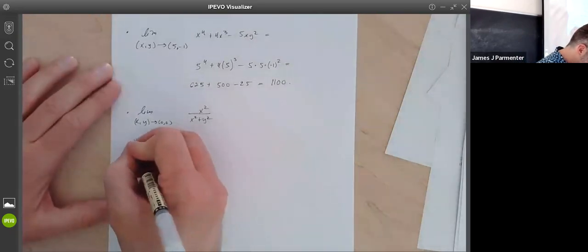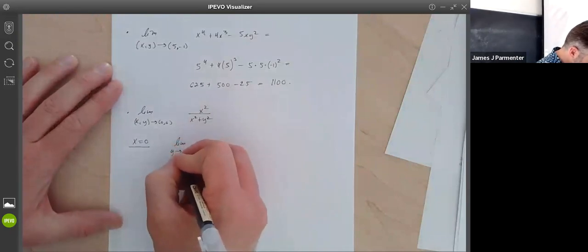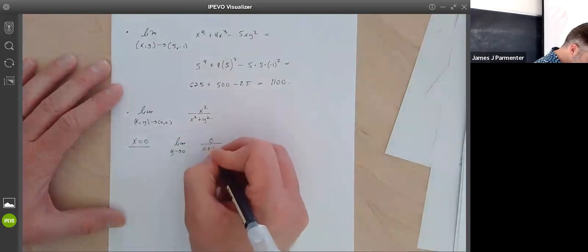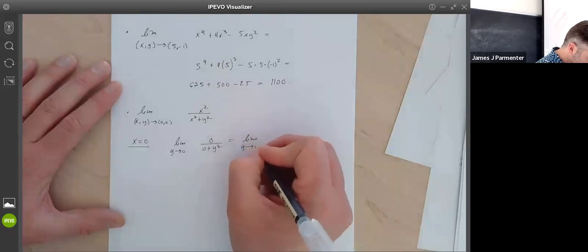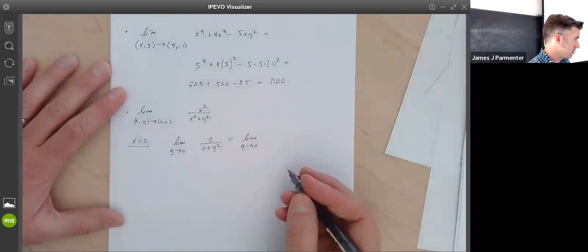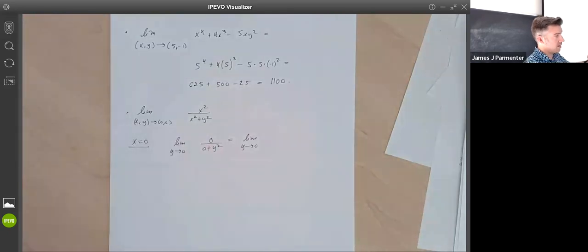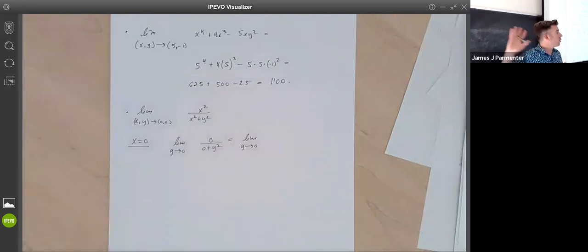So if we try x equal to 0, we're going to have the limit as y approaches 0, because x is already 0, of 0 over 0 plus y squared. And then the limit as y approaches 0, what's 0 divided by 0 plus y squared? Well, no, so this is where we have to be very careful. 0 divided by y squared, ignoring the fact that y is getting close to 0, we're just like, y is a number. In fact, it's actually not 0.